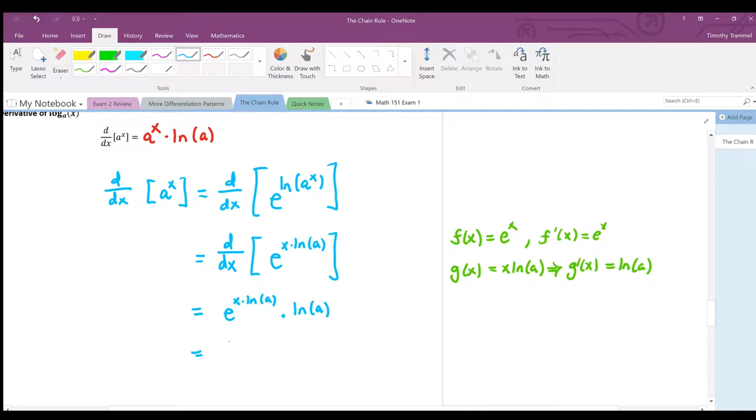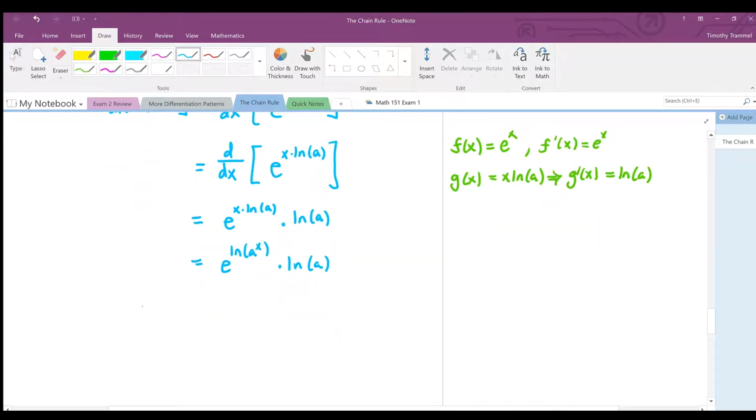This x, I could bring it back in. So I have e to the natural log of a to the x times the natural log of a. And if we go one step further, we're done. e to the natural log of a to the x is just a to the x. So then we have times the natural log of a.